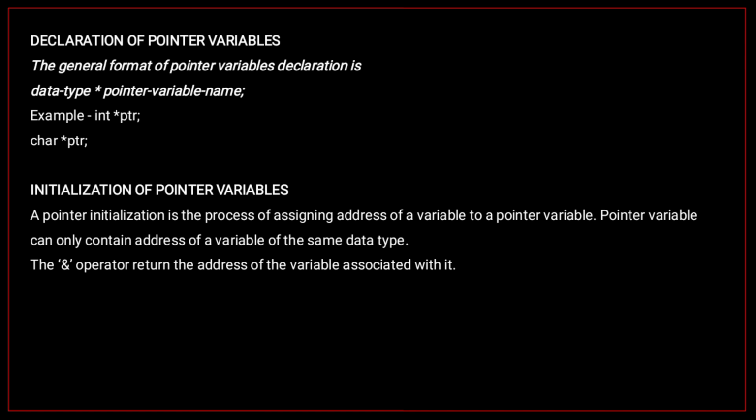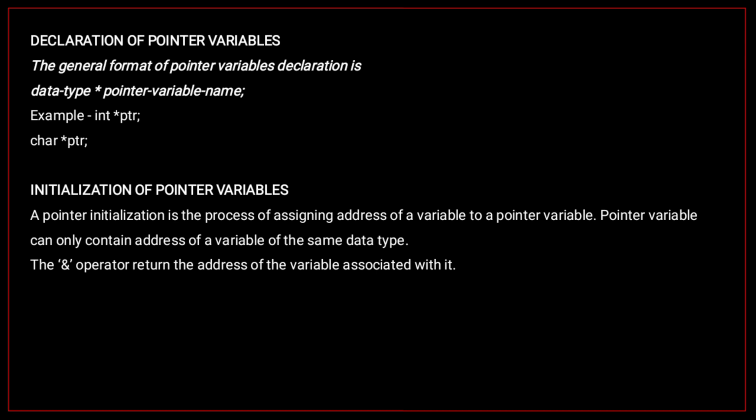So in this format, data type is any type of data that is integer, float, character, etc. Pointer variable name is the name of pointer variable which should be a valid C identifier. The character asterisk is used to denote that the variable is declared as pointer.